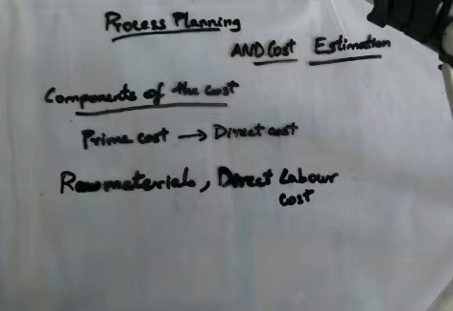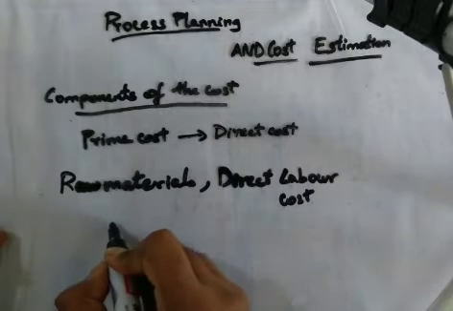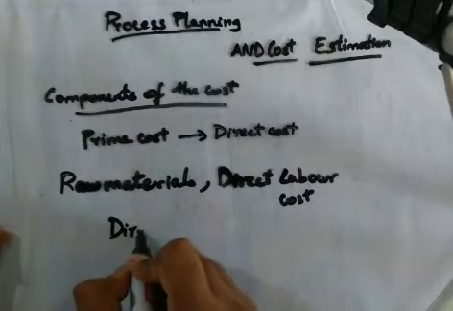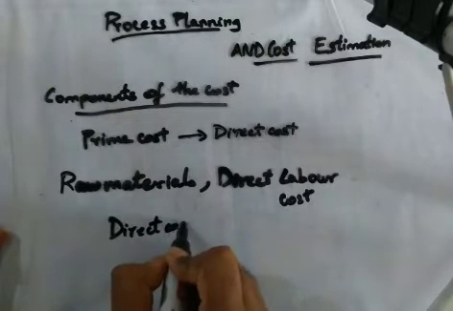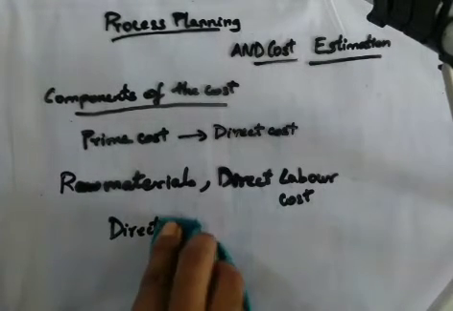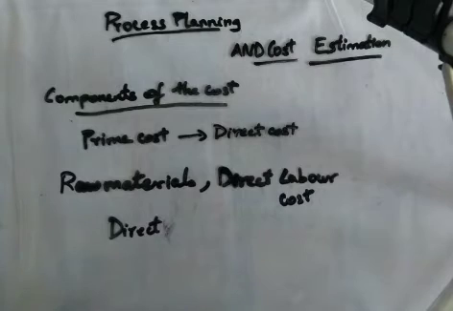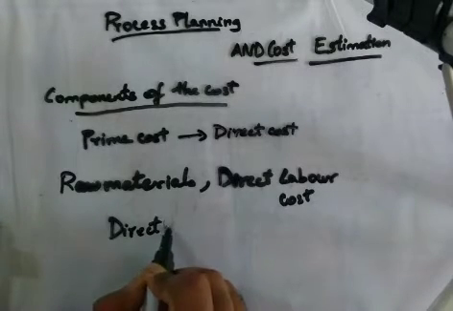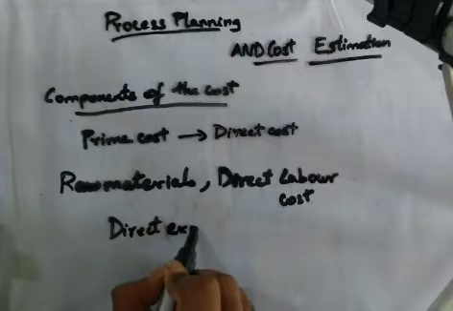All the expenses under this category are prime costs. Hence we call it the prime cost or the direct cost. Raw materials and direct labor cost are direct expenses, and all the direct expenses come under this prime cost.